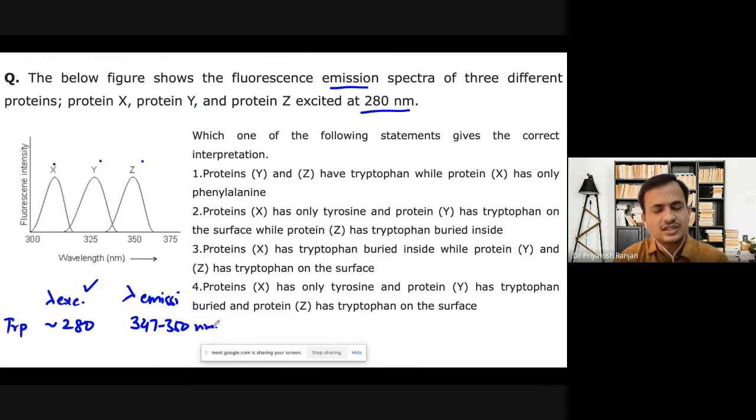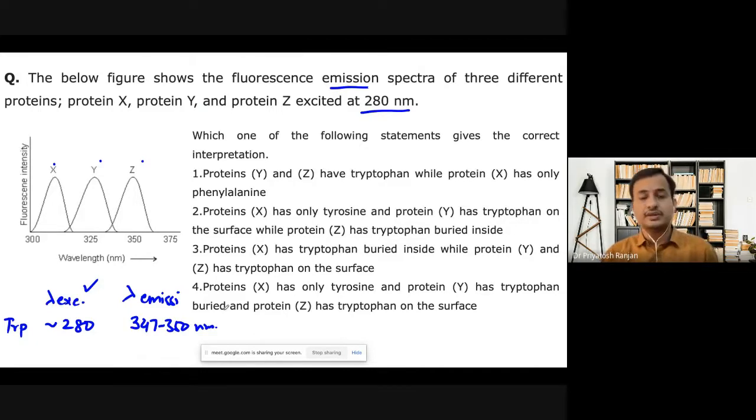Now, what does it tell you? If the emission spectra is coming out at 347 to 350 nanometer, that tells you that tryptophan is present on the surface, and it is exposed to the solvent. That is, it is surrounded by water molecules, polar solvent.